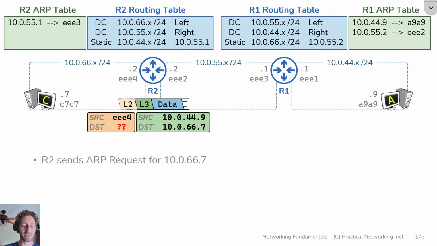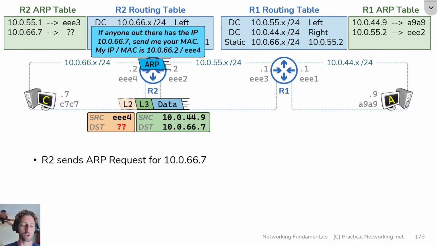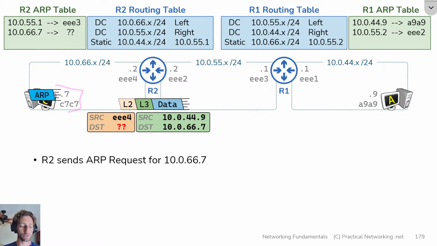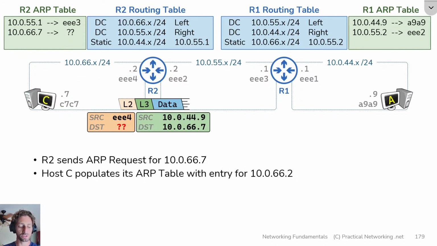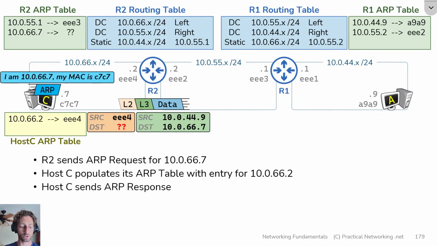So, just like any of the other devices in this topology, R2 is going to have to send an ARP request asking for the mapping of 10.0.66.7. It's going to send that out. Host C will get it. Host C will learn the mapping of the requester, in this case R2, and then host C will send out an ARP response.